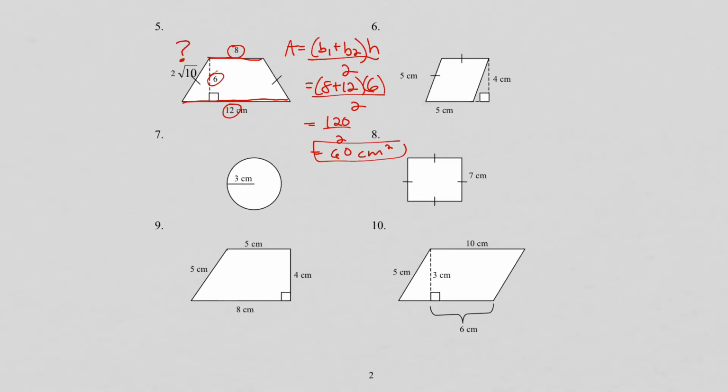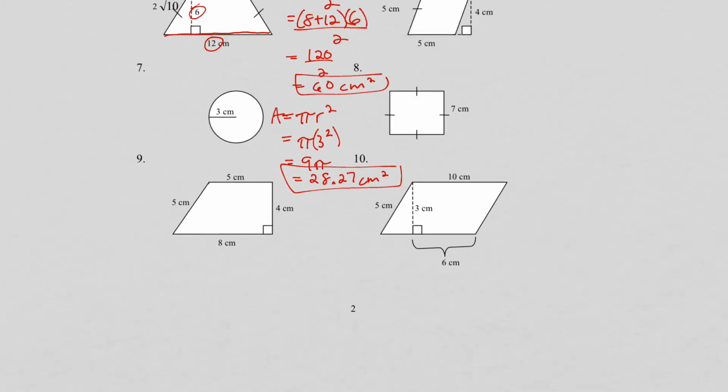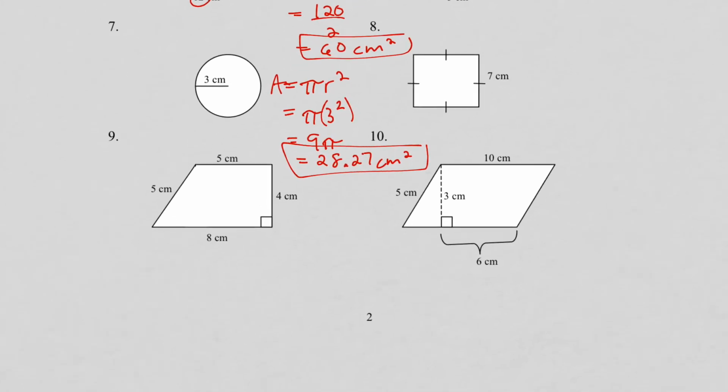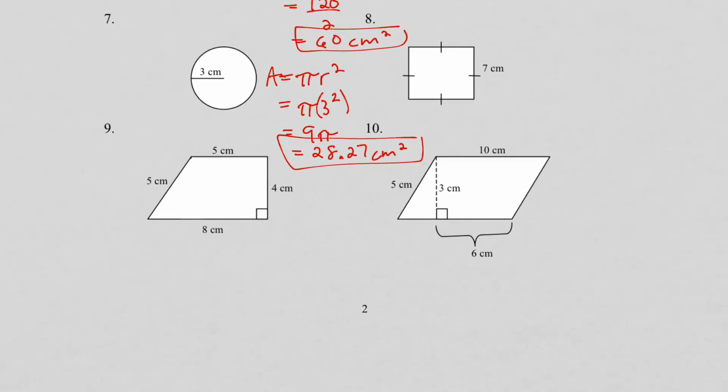Okay, and we have another circle here, but this time we do have the radius, so that's going to be pi r squared, which is pi times 3 squared, which is 9 pi. All right, that's exact. And then if you want the approximation, it's going to be 28.27 centimeters squared. Okay, last but not least, we have another trapezoid.